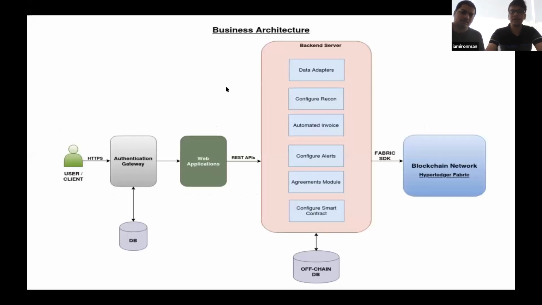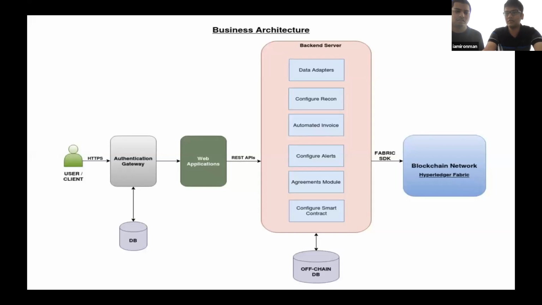So this is our business architecture in brief. We have the user signing in, and we have made a web application with the front end and the back end. The first part is the data adapters, which comes in the back end, and the input which the user makes is aligned with our input requirements and put into the back end.